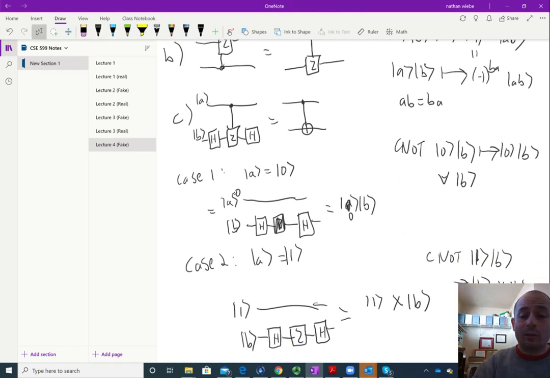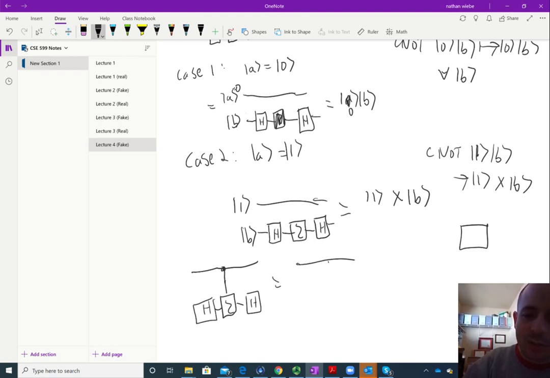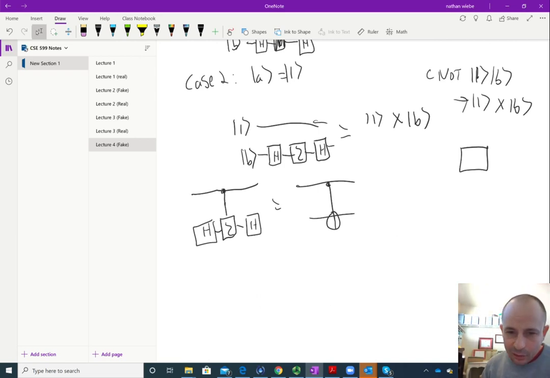Ergo, these two are the same. So now we end up having that H, Z, H equals C0. All right, cool. So then in that case, let's simplify this.